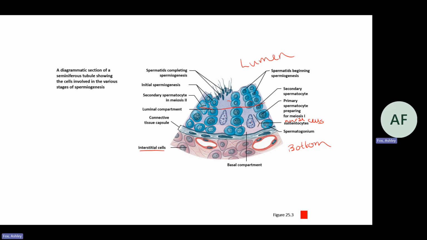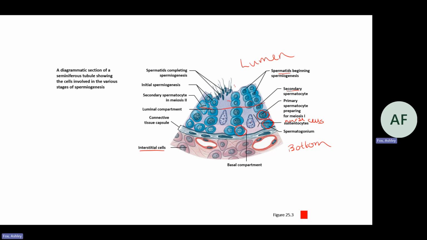So again, here are the spermatogonia close to the bottom that are producing mitosis. So they're going to keep a copy of themselves, and then they produce the primary spermatocyte. Primary spermatocyte undergoes meiosis 1 to produce a secondary spermatocyte. Secondary spermatocytes then undergo meiosis 2, become spermatids.